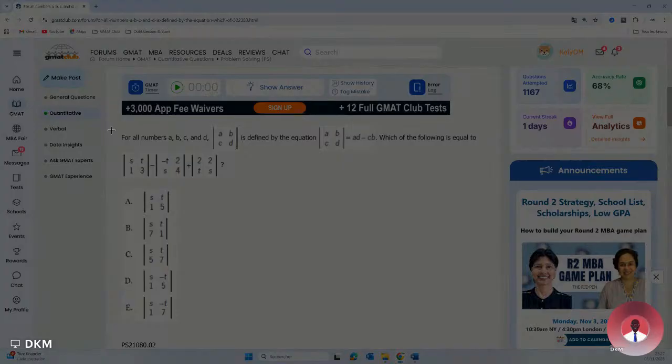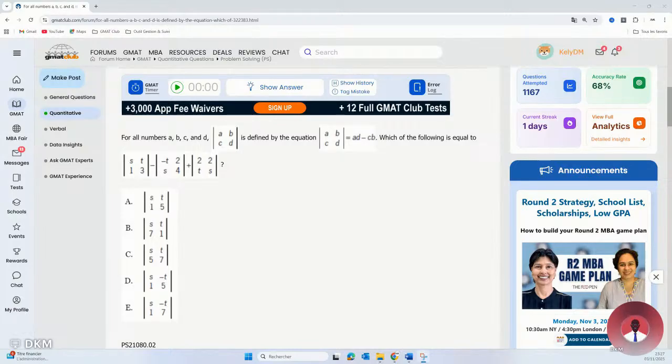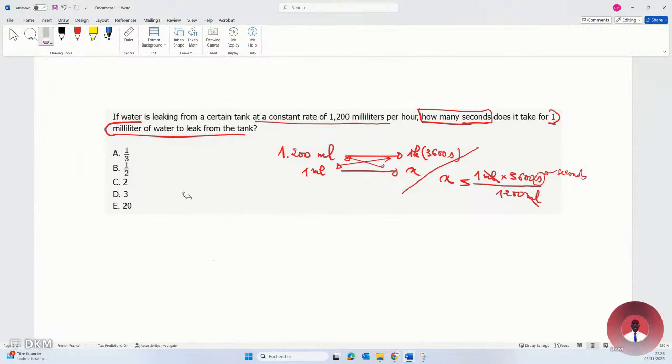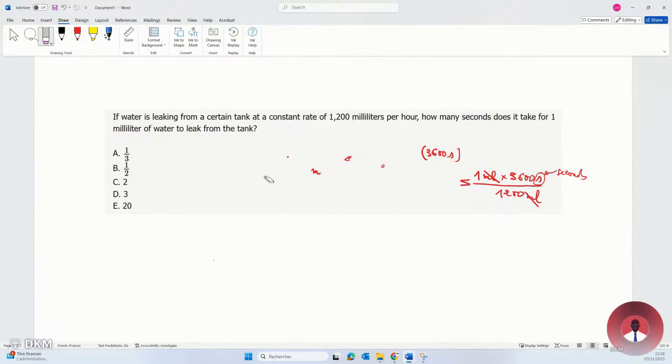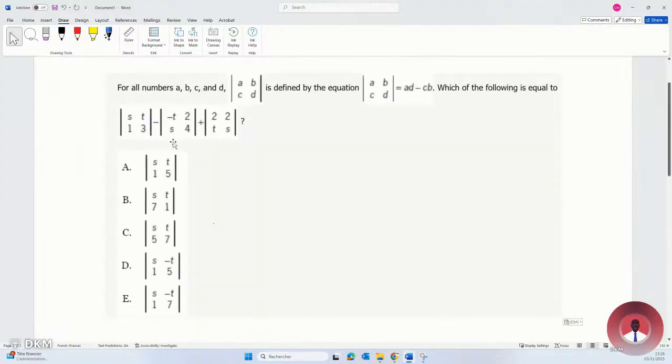So we have this question. Just copy this. Okay, so this tells us for all numbers A, B, C, D is defined by the equation like this.